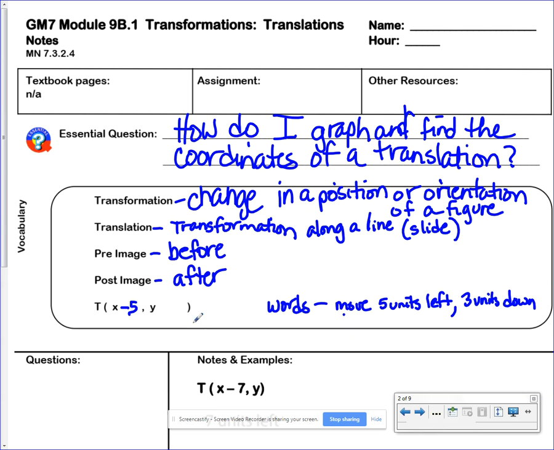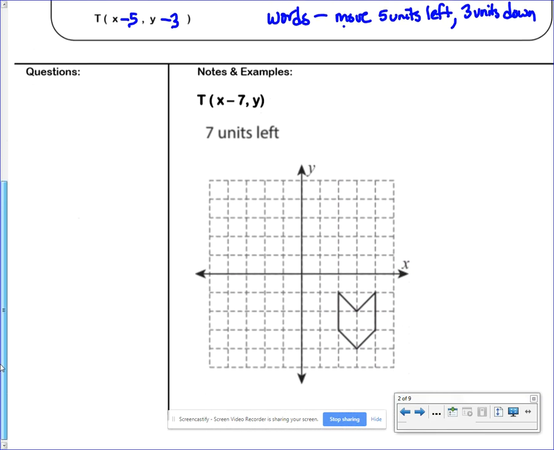You're traveling to the left. 3 units down, that's a vertical position movement, and y is the coordinate and the axis that deals with vertical position, and 3 units down would be -3. So sometimes you'll see it written shorthand like this algebraically. Sometimes we'll use it in words, and sometimes we'll do it both ways.